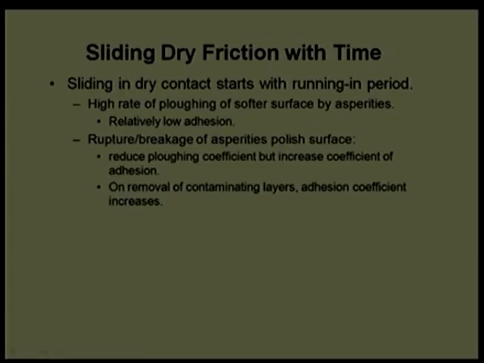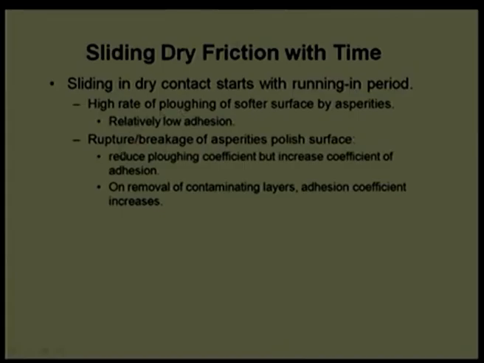If the surfaces are very well finished, perfectly polished, then the possibility is that there will be high adhesion and low plowing effect. But we are talking about normal manufactured surfaces, which have relatively high roughness. In that case, the plowing effect will be very high initially compared to the adhesion. And if this process continues, there will be some rupture, some breakage of the asperities.